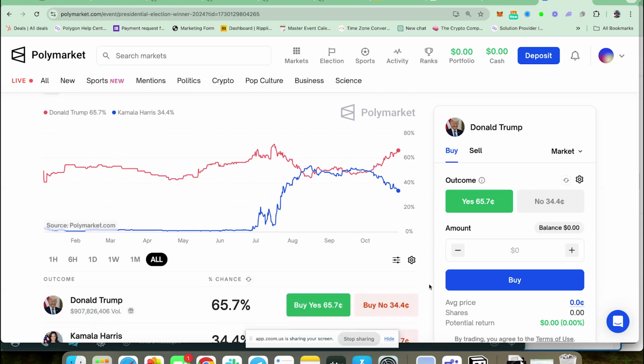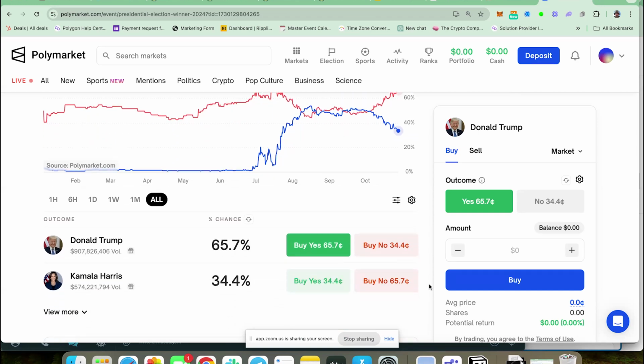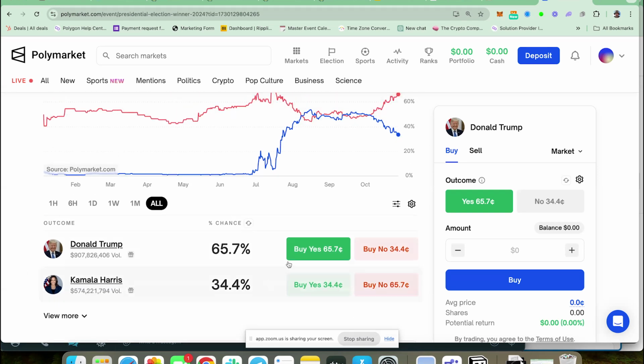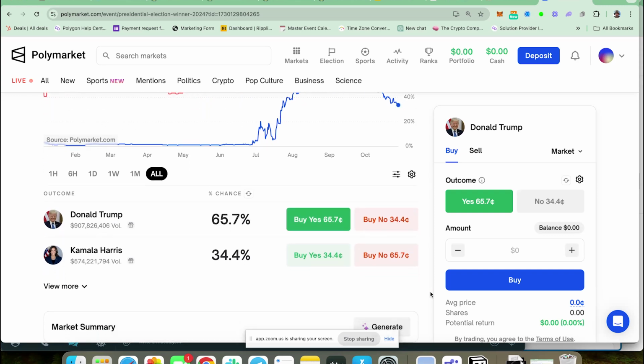So what is interesting about this? The first thing is that there is more than 900 million US dollars bet on Trump winning, and almost 600 million US dollars betting that Kamala Harris is winning. I can buy a yes or I can buy a no. When the event finishes, if I buy a yes for 65 cents, I will get $1 per bet I made.